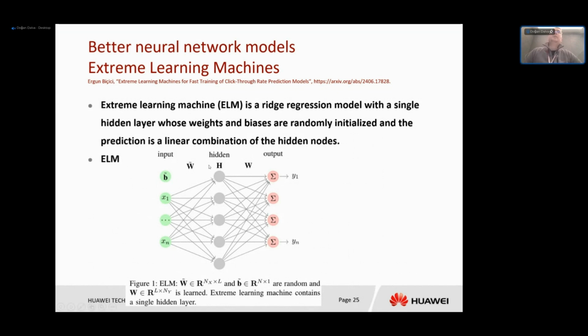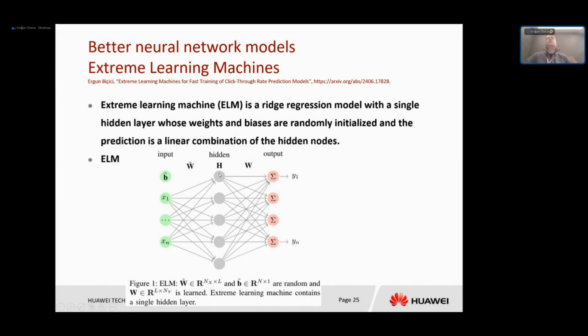where weights and biases are randomly initialized as in SLFN. The W hat and B hat are randomly initialized. Input X is given to the network, and H is obtained with W hat times X plus B, and then an activation function is applied.